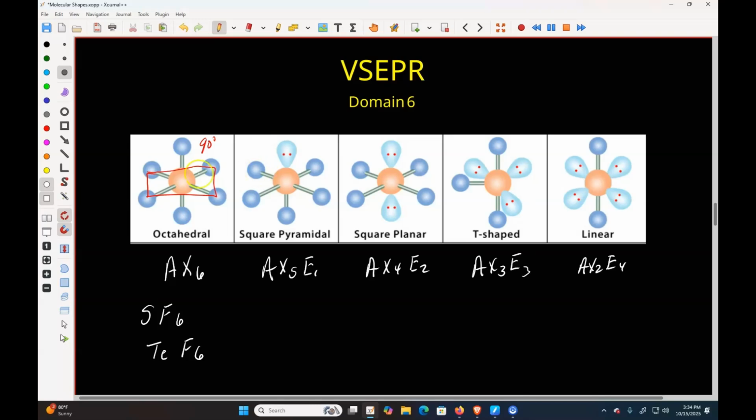So I have a square base here. If I would rotate this over, I would have one going up, which is a square pyramid. Examples will be BrF5, IF5.